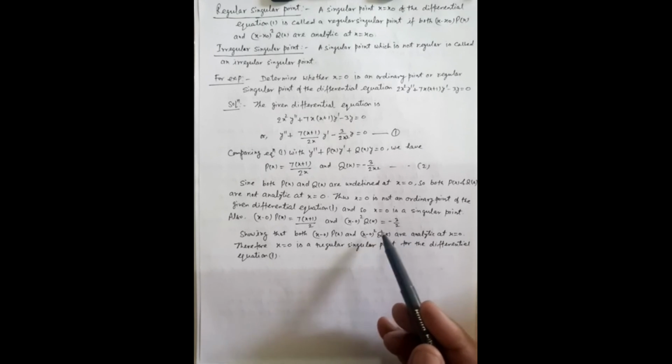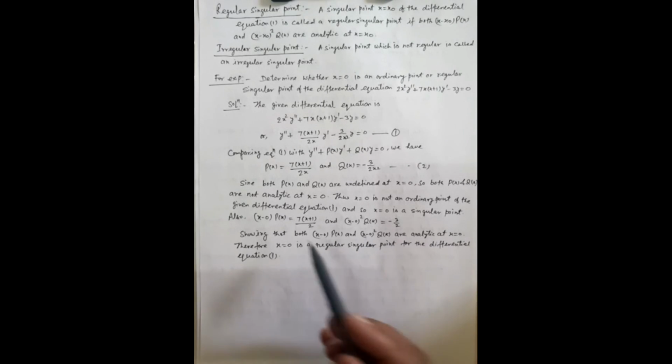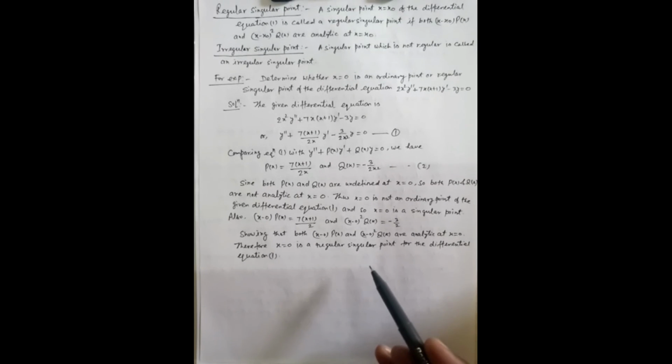This is a constant function, and a constant function is also analytic, and 7 into (x plus 1) upon 2 is also analytic at x equal to 0. So x equal to 0 is a regular singular point for the differential equation first.